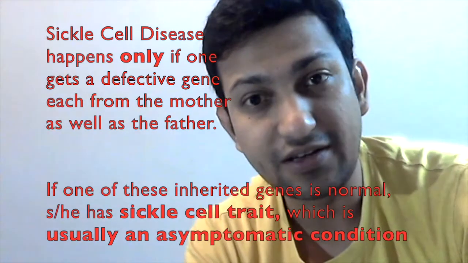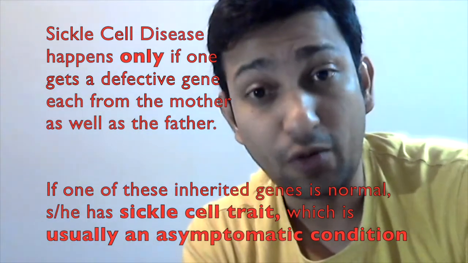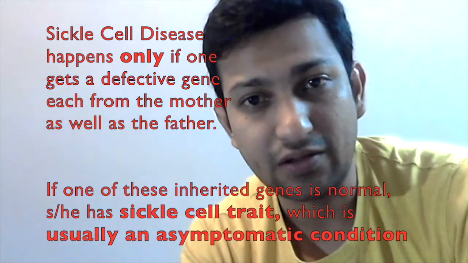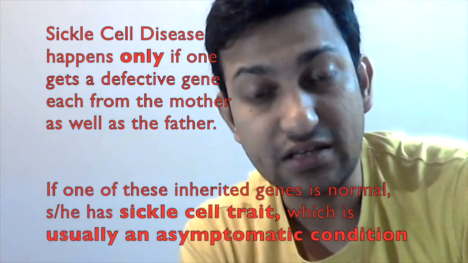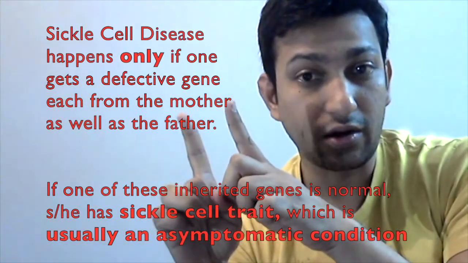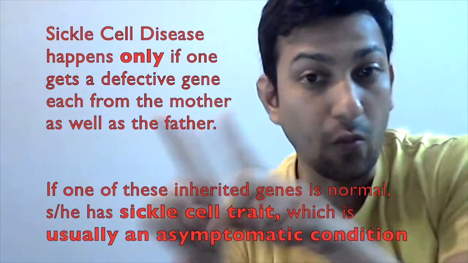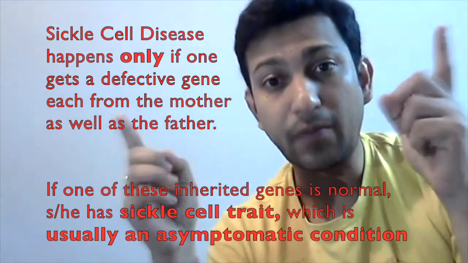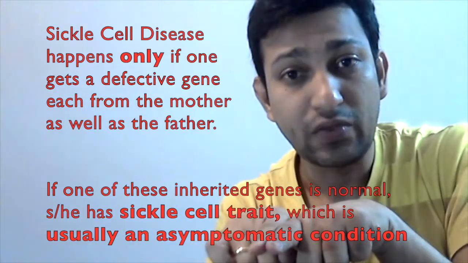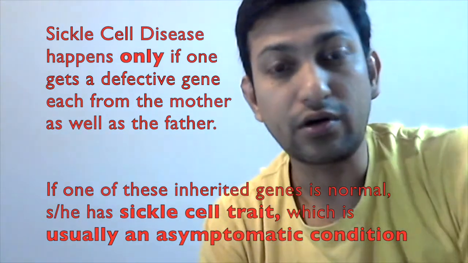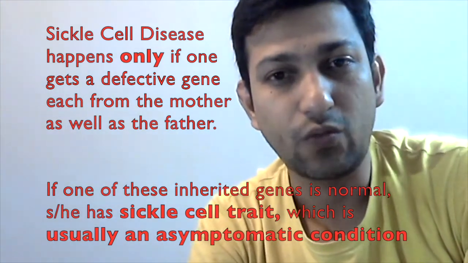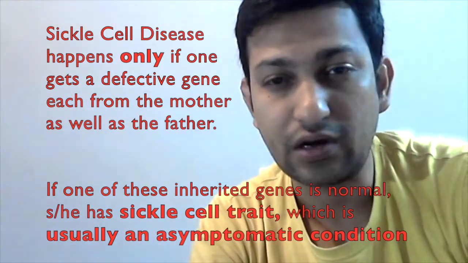So that's all. Don't panic. Not a majority are sickle cell traits. This being an autosomal recessive condition, if both the genes are not homozygously paired, like both the parents giving this gene to the progeny at the same time, they don't manifest as sickle cell disease, they manifest as sickle cell trait, in which these kinds of symptoms are really rare.